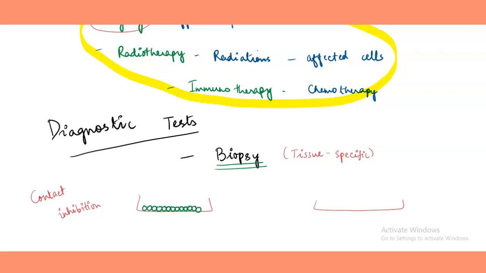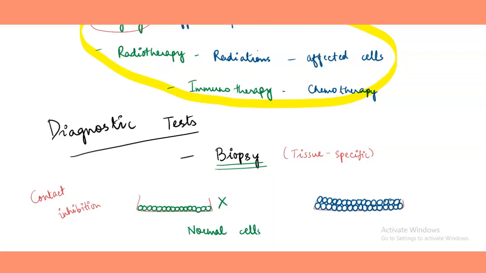Now, as soon as these cells come in contact with the surface, they will not grow if these cells are normal cells. On the other hand, if the cells are cancerous, then they will keep on dividing because they will not follow contact inhibition. They will form a pile of cells because when they get in contact, they will keep on dividing.